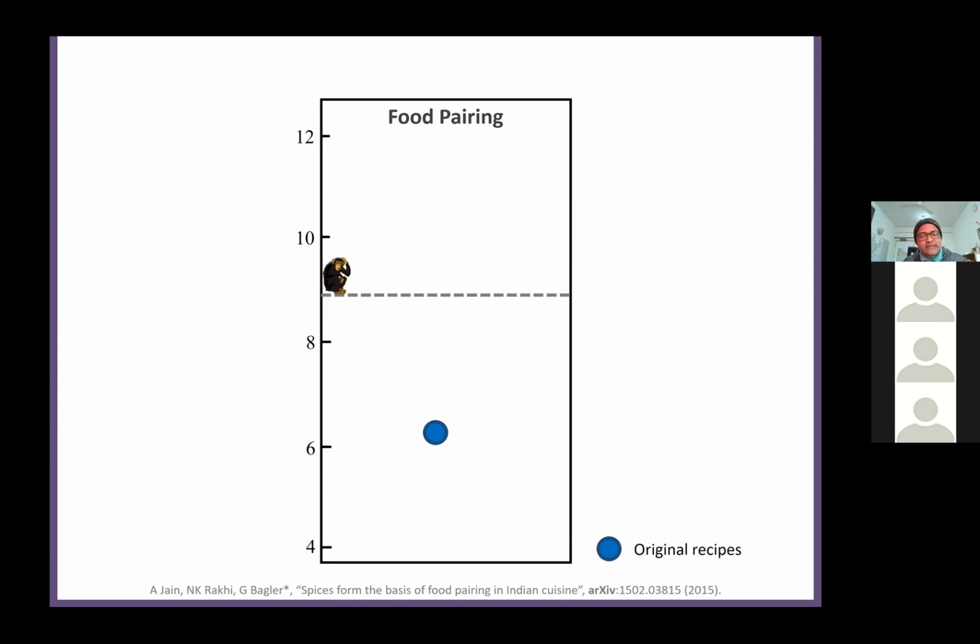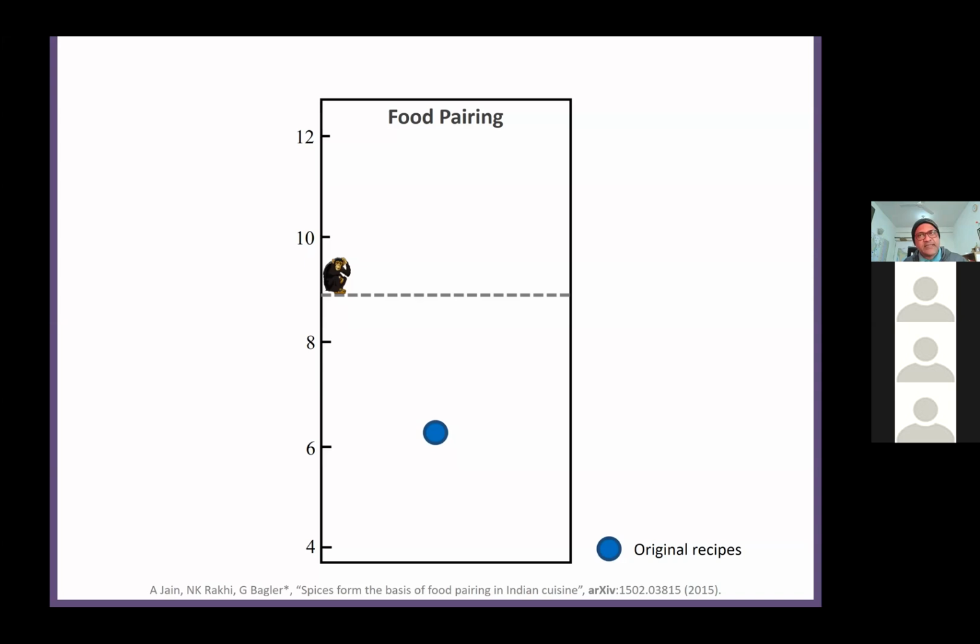When you do this, quite clearly, the food pairing index, which is found to be there originally, the blue dot, represents the original food pairing index compared to the monkey cuisine, which has been shown up there, is expected to change. However, it is not expected to change much. The reason is that all fruits are kind of similar to each other.